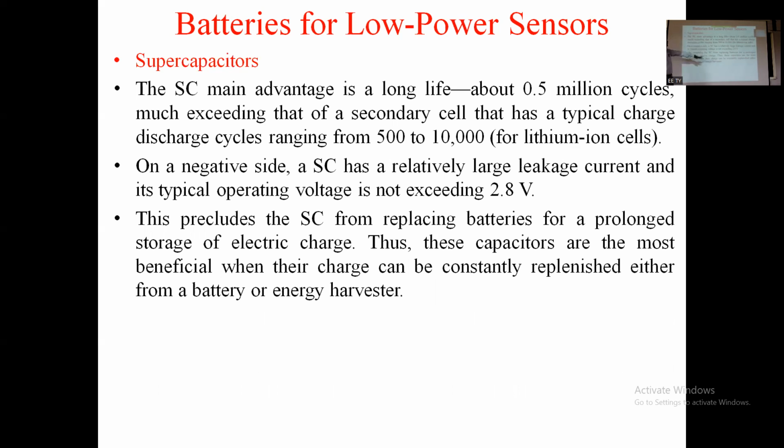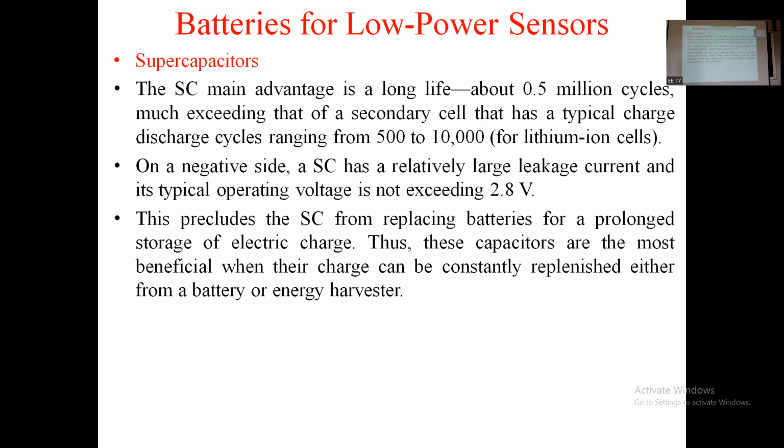The main advantage of a supercapacitor is long life. Life is long, about 0.5 million cycles, much greater than that of a secondary cell, and the charge and discharge cycle range can vary from 500 to 10,000.